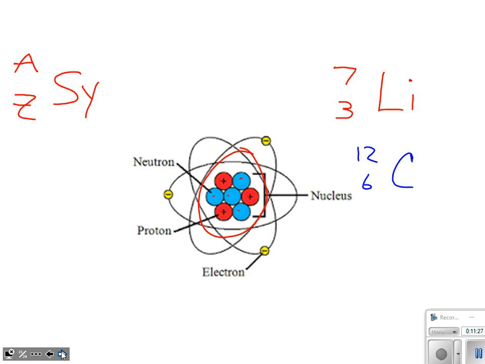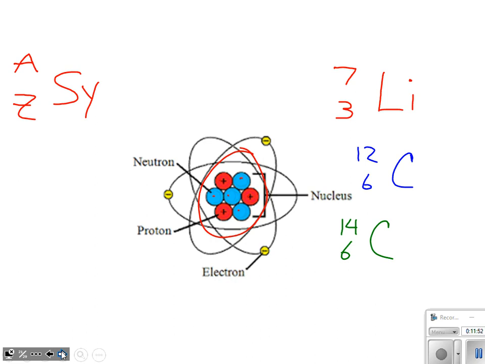Now, here is yet another one. Have you ever heard of carbon-14? Okay? That is carbon-14 right there. What is the difference between carbon-12 and carbon-14?